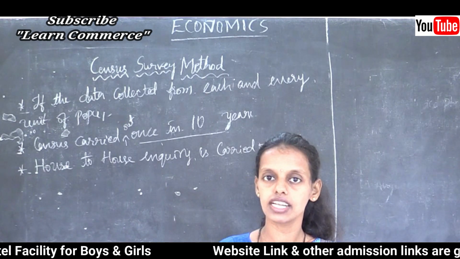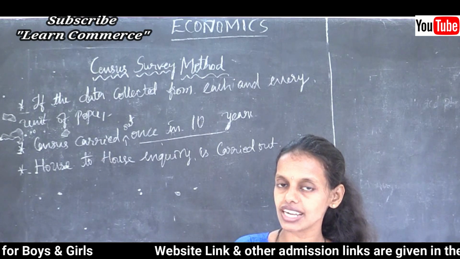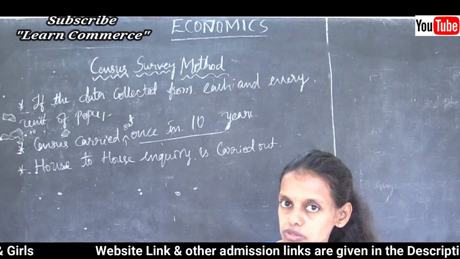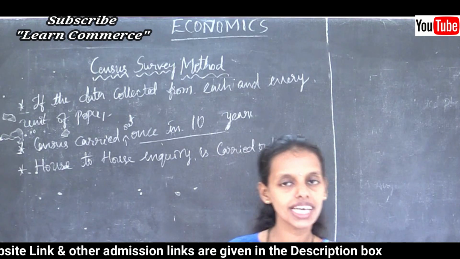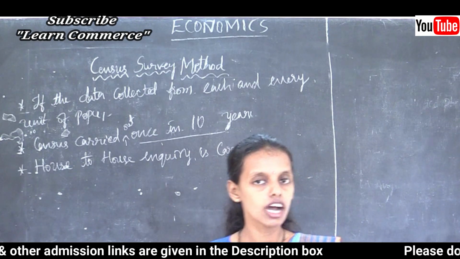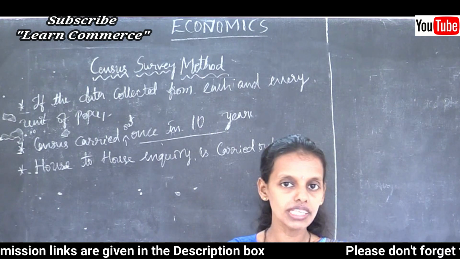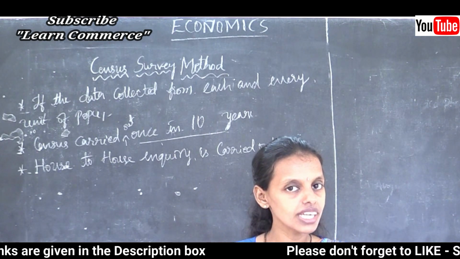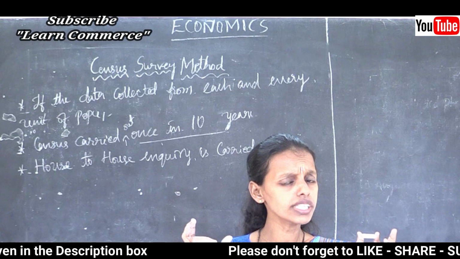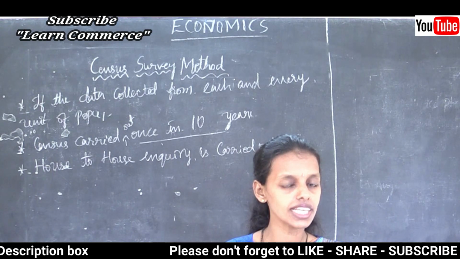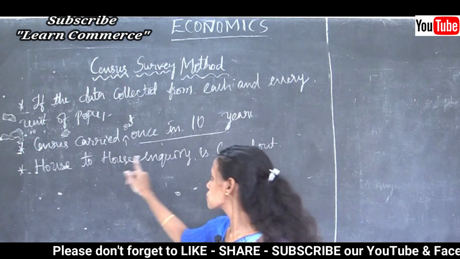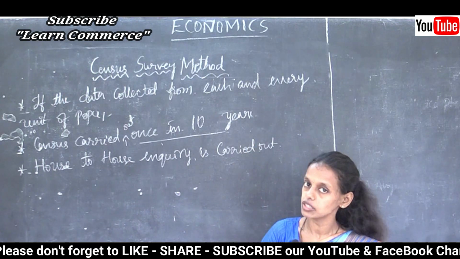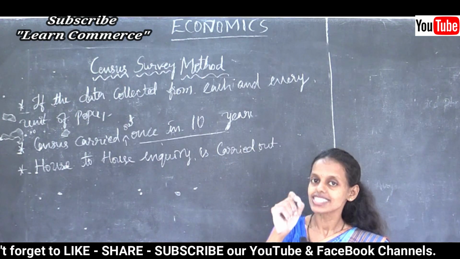During the COVID-19 lockdown, primary teachers came to your home and collected information regarding how many members are in the family, how many are literate, how many illiterate, how many are school going, how many are working, and what your monthly income is. Each and every piece of information is collected from each and every unit of population through house to house enquiry. Thus it is said to be the census.